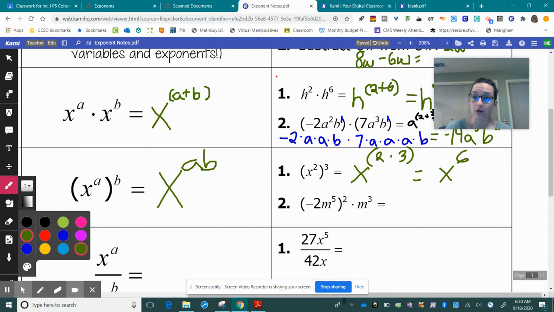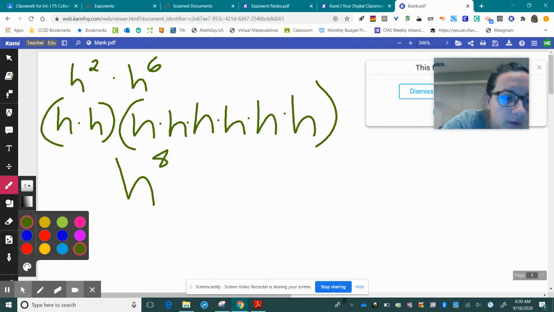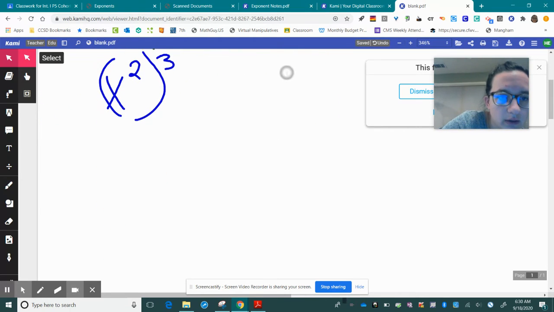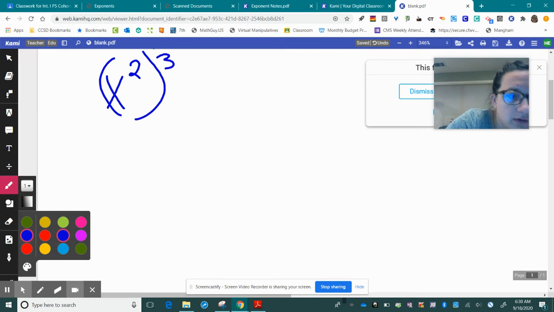Now, why does that work? How do we break it down, Miss Eisword? Here we go. So for this one, we had x squared cubed. All right. So we have x squared in there. We know that x squared can be written as x times x.